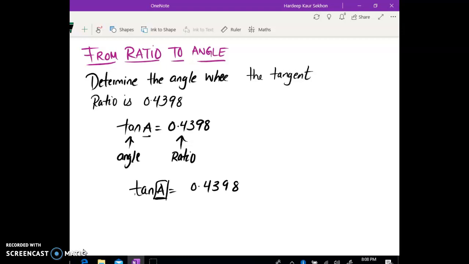Okay, so remember when we did algebra, it was 2x equals 4. How do we find what x is? What we do, we divide both sides by 2, which gives 2. Same thing here, we need to find what A is, so we need to isolate A. So we need to get rid of the tan here, so we are going to divide both sides by tan. Here tan comes at the bottom.